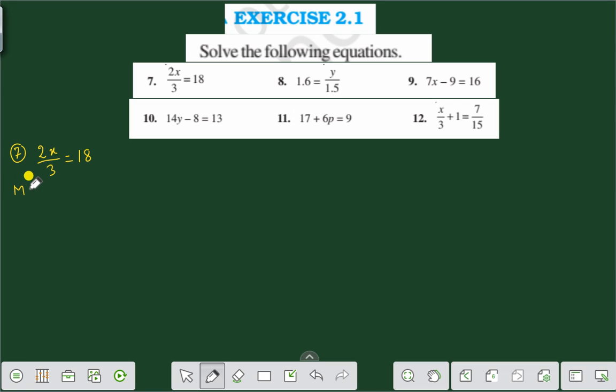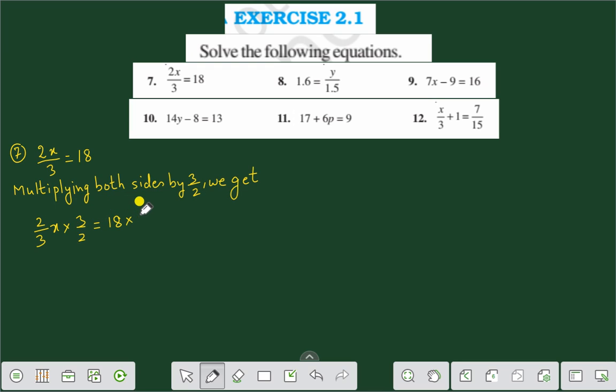Multiplying both sides by 3 by 2, we get 2 by 3 x into 3 by 2 is equal to 18 into 3 by 2.